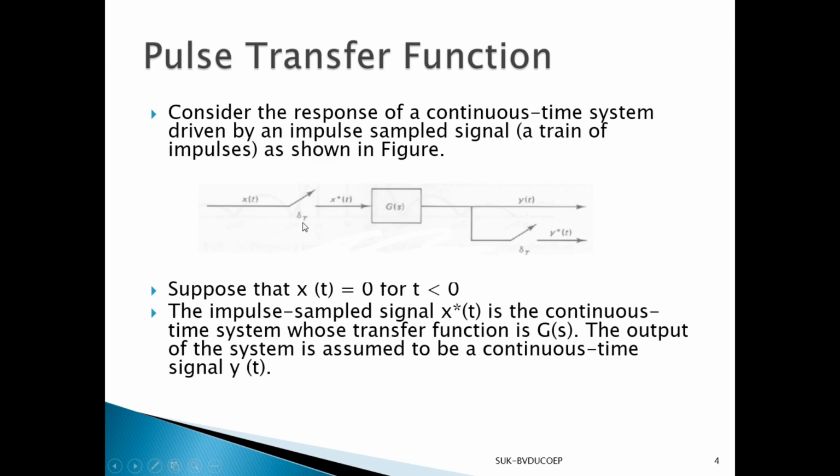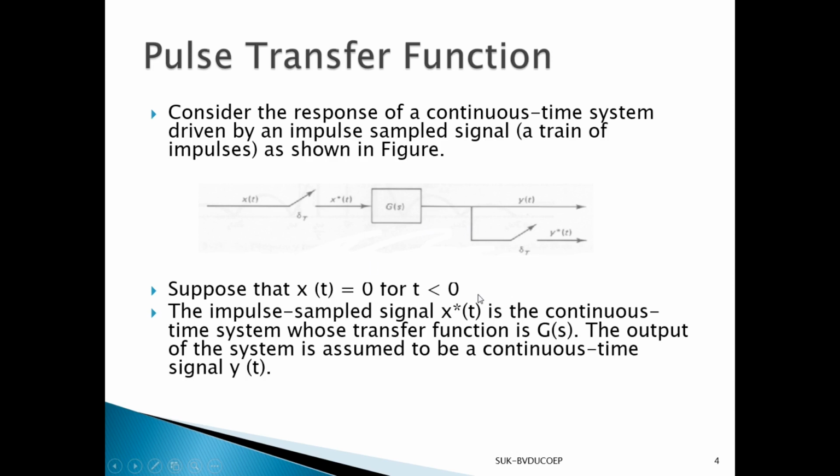T is the sampling time, sampled at instants t equal to 1, t equal to 2, like that. This is a sampled signal, and this is the output y(t), and we consider the output is also a fictitious sampled signal, and both are synchronized sampled signals. So the input is a sampled signal and the output is also a sampled signal. That is what we consider.